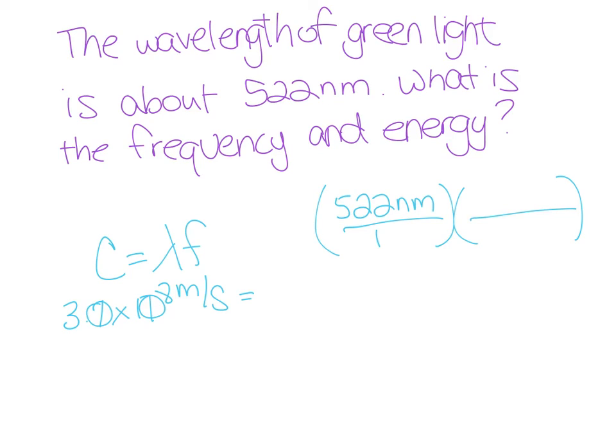So I know that 1 times 10 to the 9 nanometers is equal to 1 meter. So go ahead and convert it, because my nanometers will cancel out and I'll be left with meters. So what do you end up with?